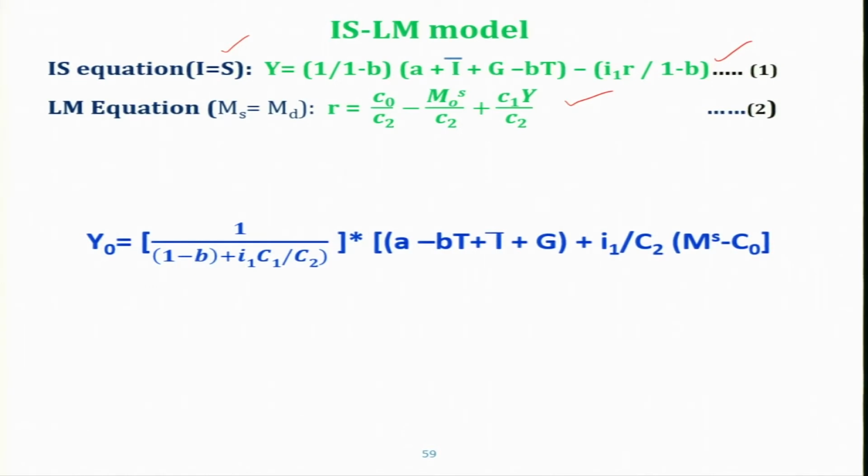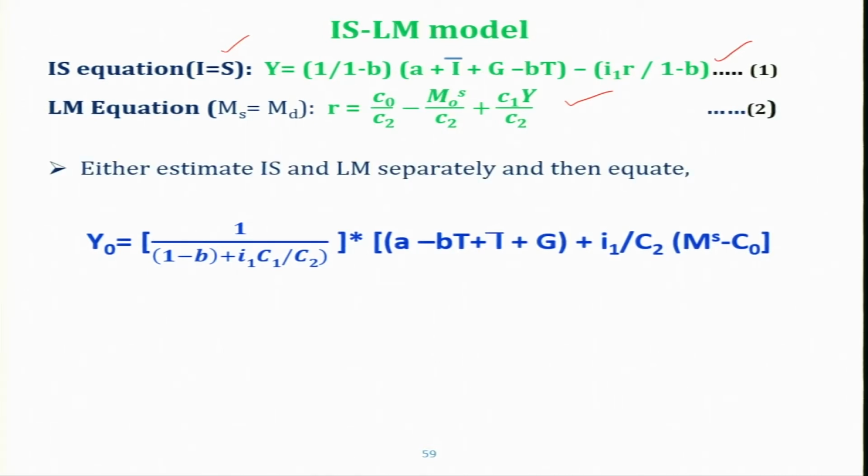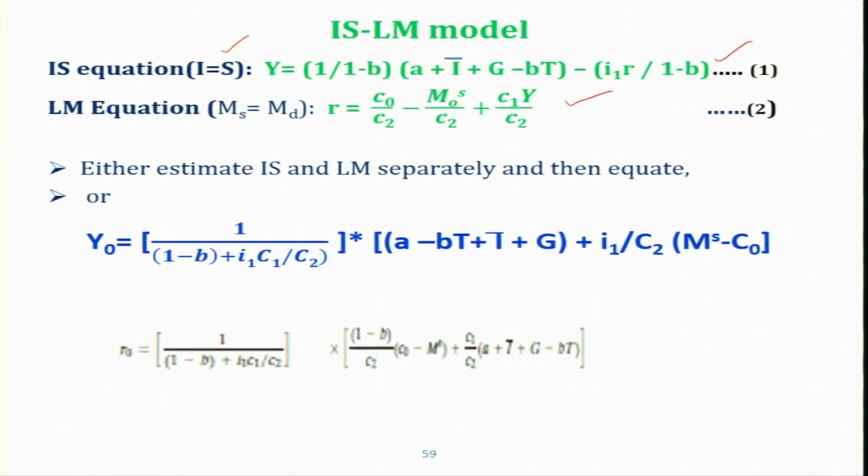In order to find that, you equate the IS equation to the LM equation. You can either estimate IS and LM separately and then equate, or directly equate them and find the equilibrium level of income.